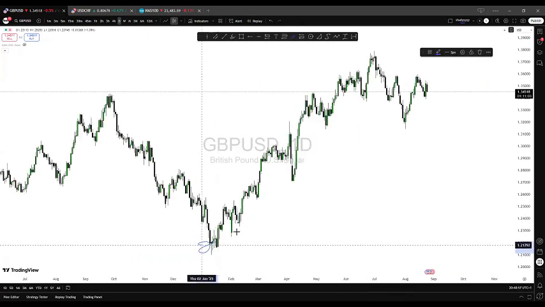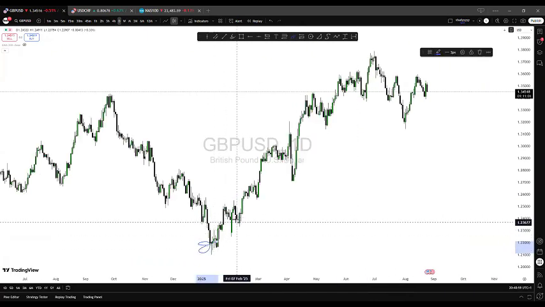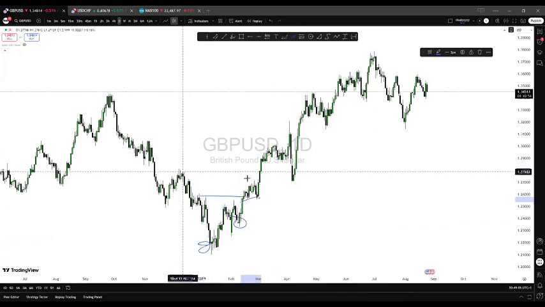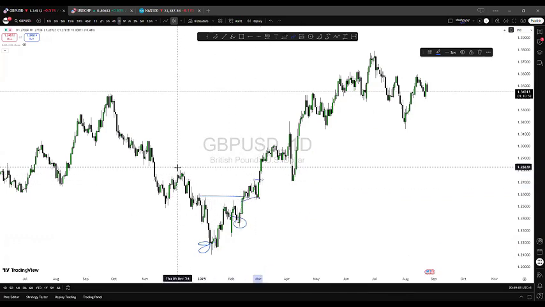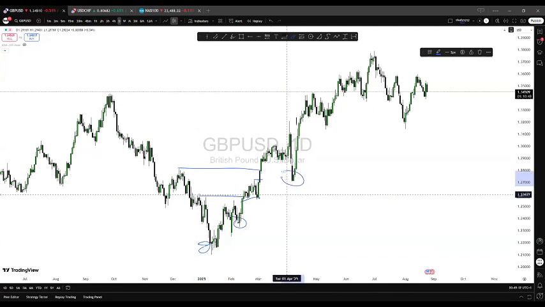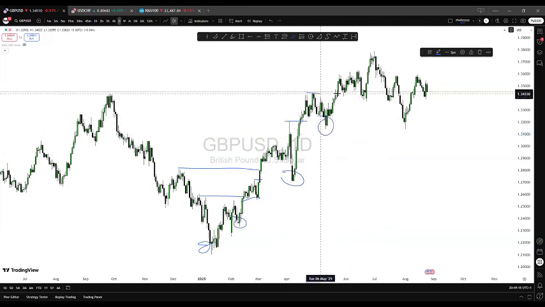I see 1. Okay. I see 2 out. And after that, I see 3 out. And after that, I see 4 to the upside, out. I see here, out. I see prices come all the way back here.